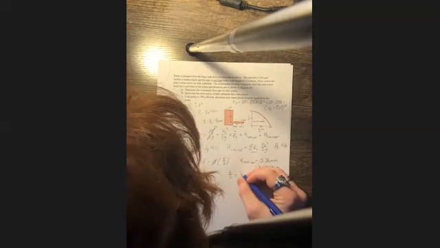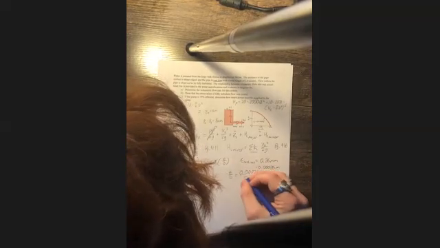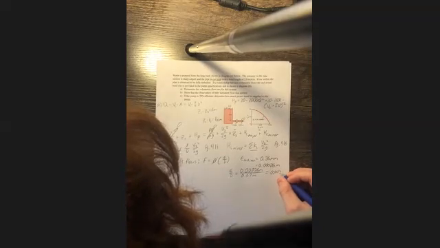So we're going to do that right now. 0.00026 meters divided by the pipe diameter, which is 0.07 meters. Put this into the calculator. And this gives us an answer of 0.00371.